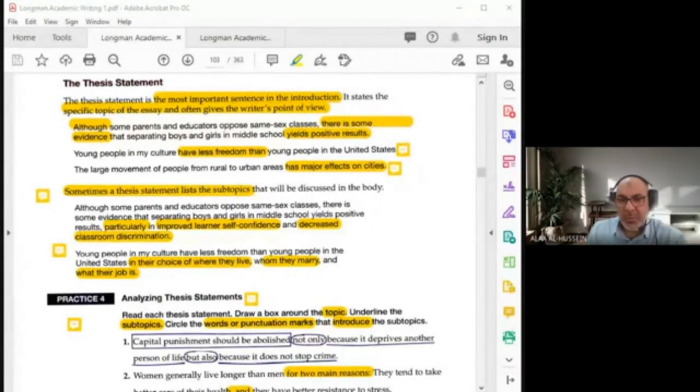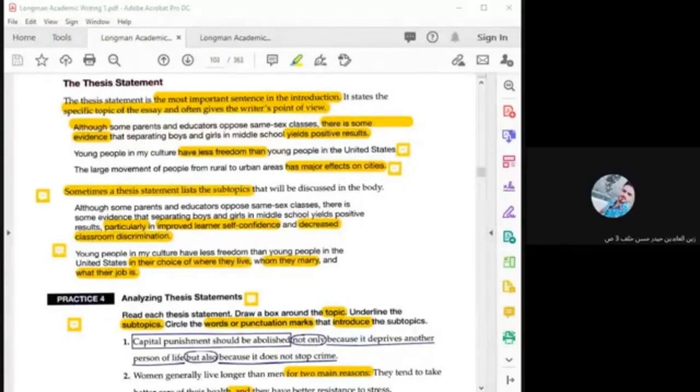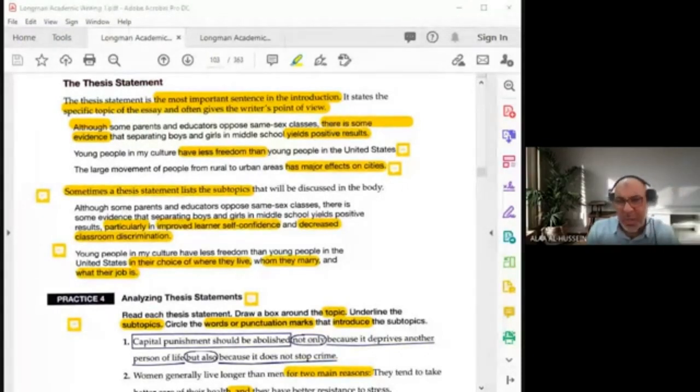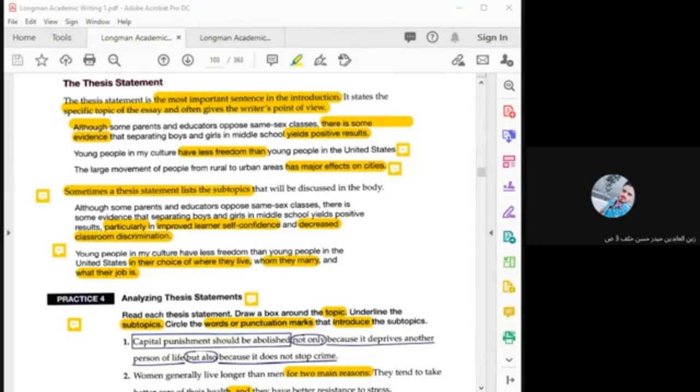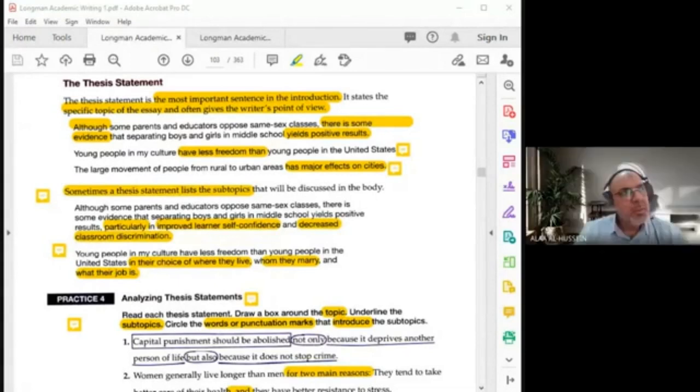Okay, so have you come across the concept or the term pattern of organization? Yes, sir. I refer to this term from time to time. But do you know what a pattern of organization in an essay is? In linguistics, it means the types of sounds.